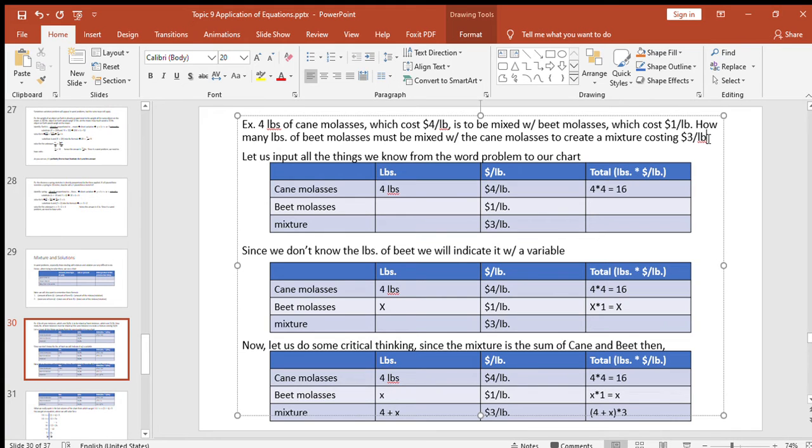Well, what we do is we draw the chart and we start filling it out. Our given item A will be cane, our given item B will be our beet molasses, and then this will be our mixture.